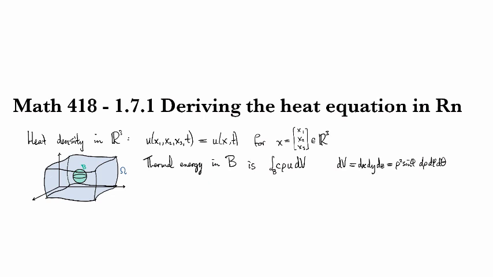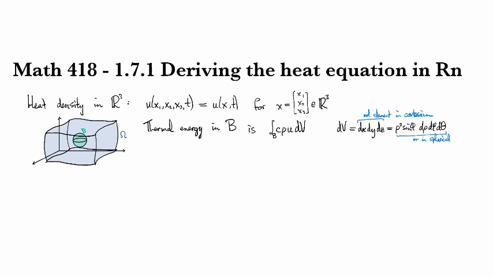Doesn't matter to me, it's just whichever volume element you want to choose, whether it's in Cartesian or in spherical. The dV there is just saying it's a volume integral, set the darn thing up however you like. So that's how much thermal energy is in there.